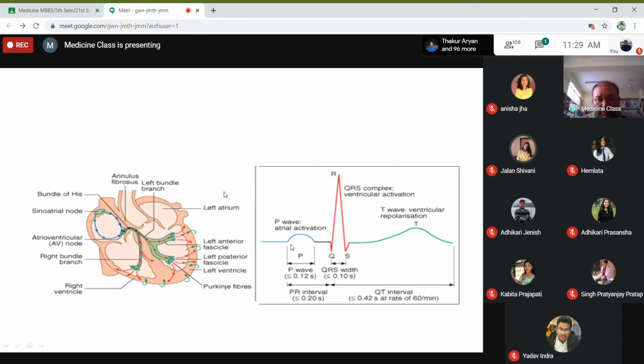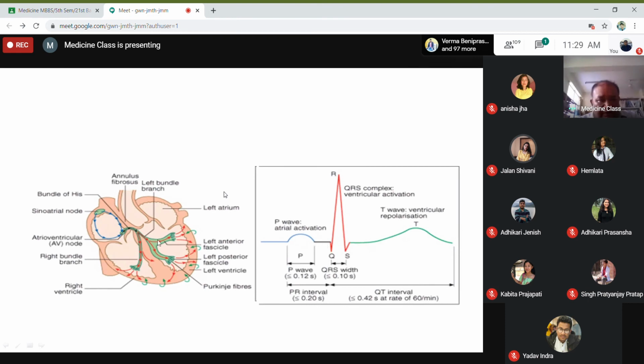Now we'll compare this with our ECG. This is the blue one, which means it is activating the atria, and this will produce the P wave. There will be a delay in the bundle, and this is denoted by this segment.